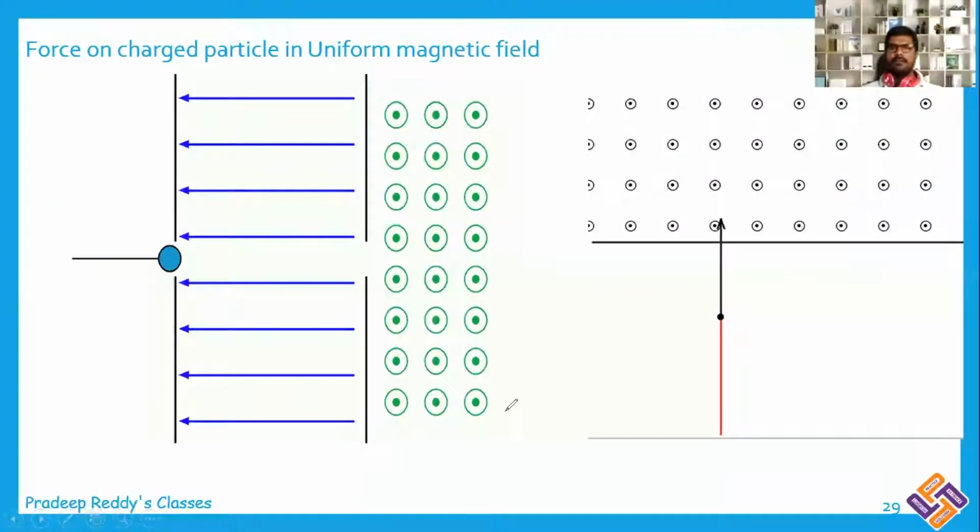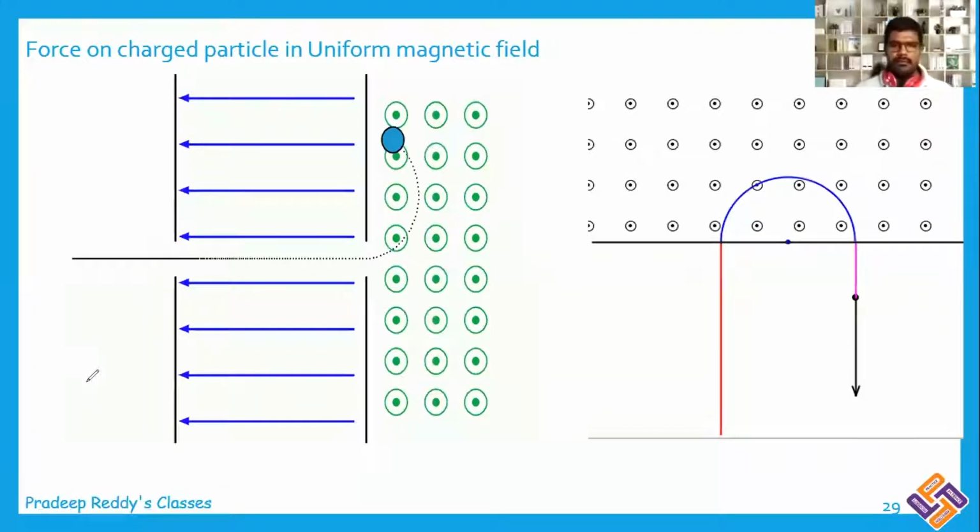Students, in this particular session, we will be learning about force experienced by a charged particle which is placed in external magnetic field. Now in these animations which are provided on the screen, you have a charged particle. That charged particle is entering into magnetic field, and when it is entering into magnetic field, immediately it is experiencing a turning effect.